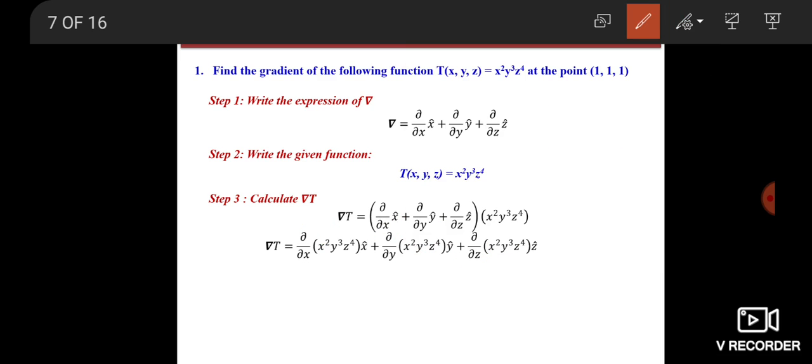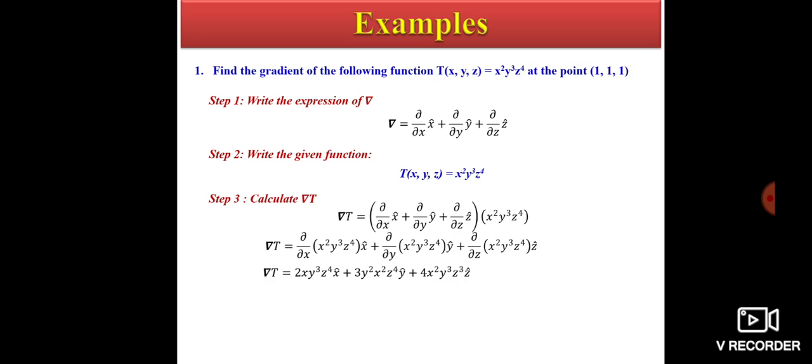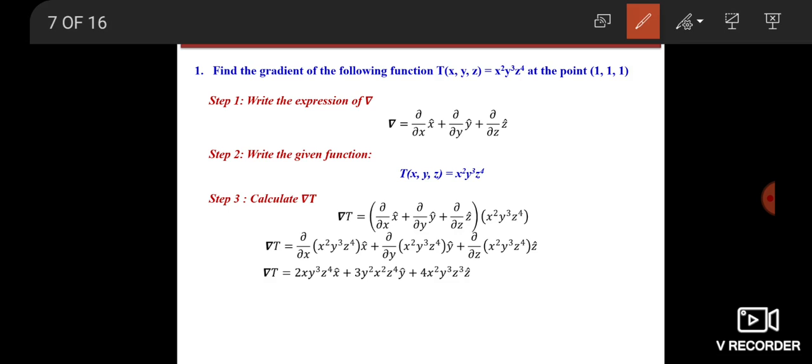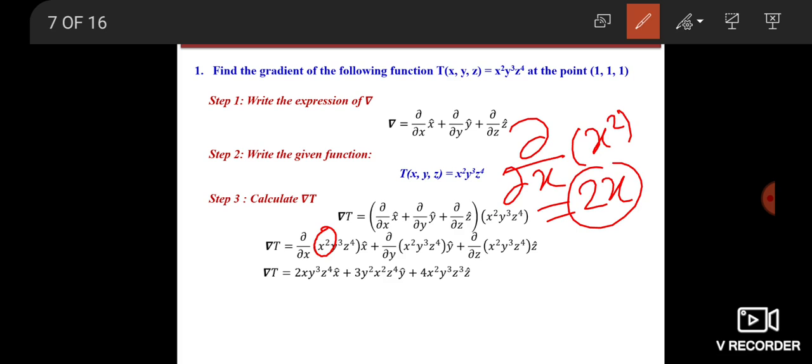So let's see it. The gradient of T becomes: when del/del x operates on the x term, that is x square, del/del x of x square gives us 2x, where y cube and z to the power 4 remain constant.